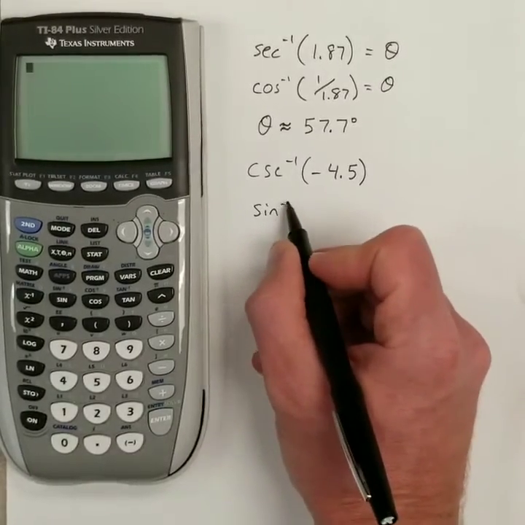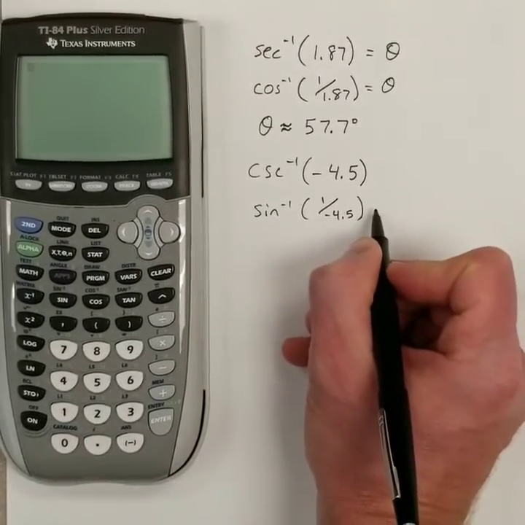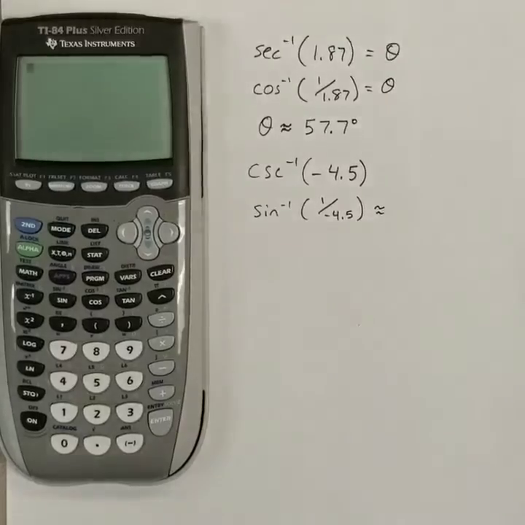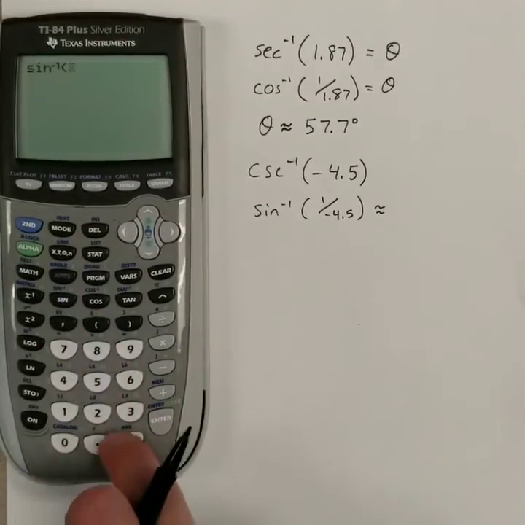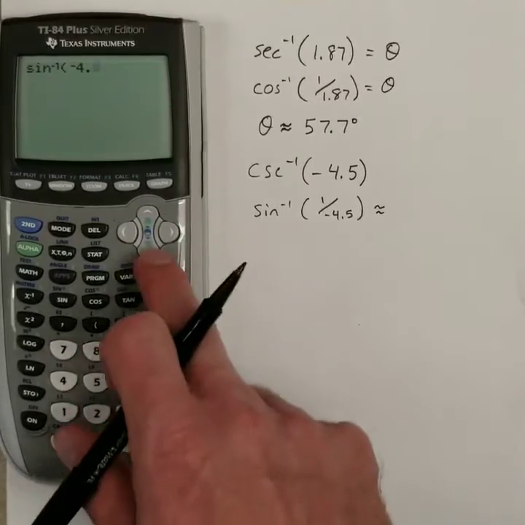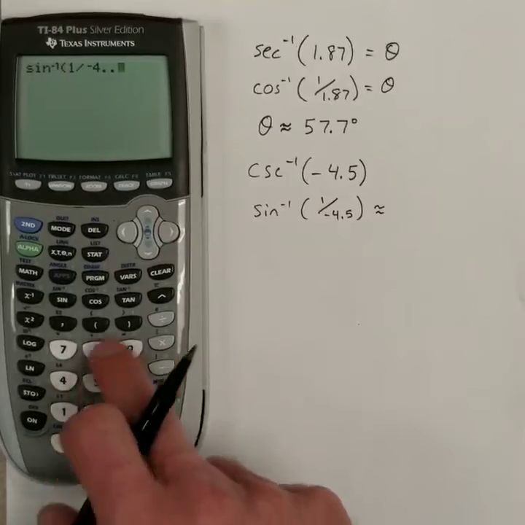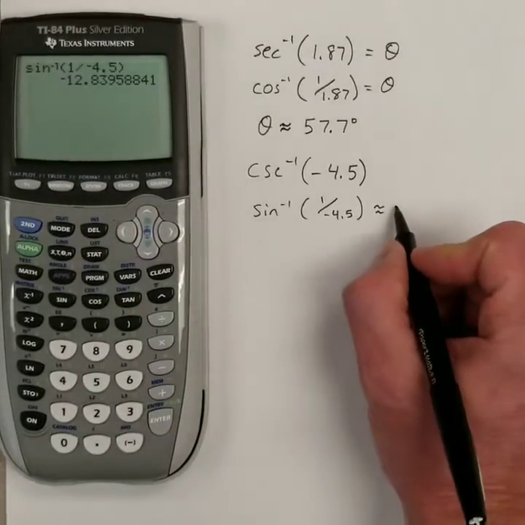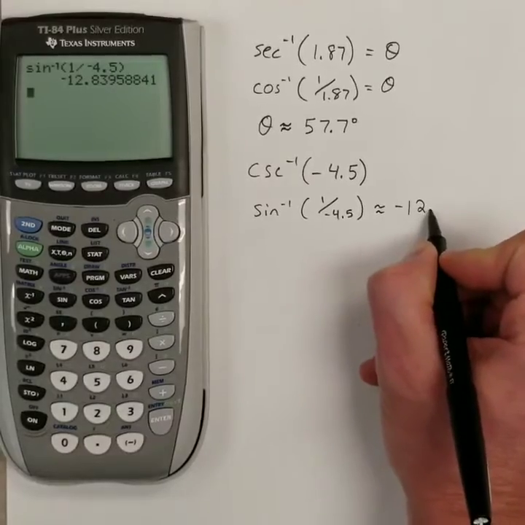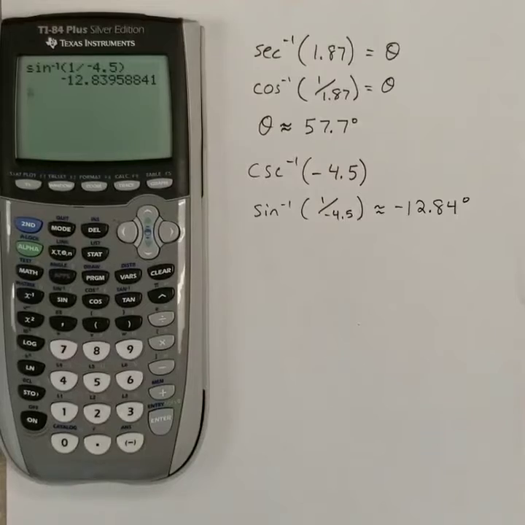So we look at the inverse sine of 1 over negative 4.5. And that should give us a good answer. This isn't quite the example I was looking for. 1 over negative 4.5 is approximately negative 12.84 degrees. Well, that degree measure is not one that we deal with a whole lot.